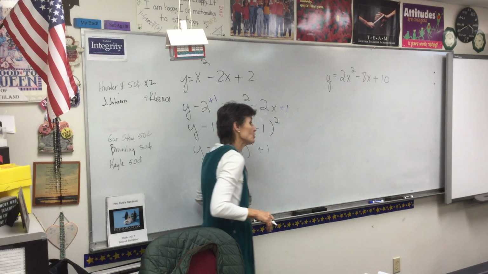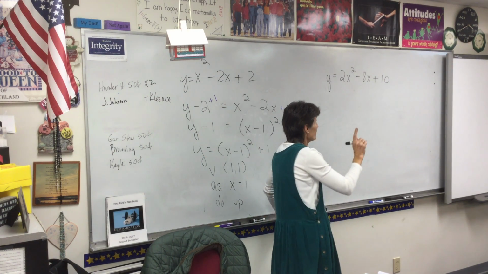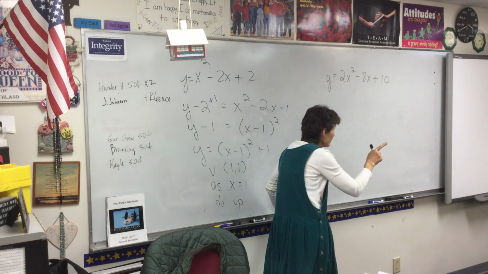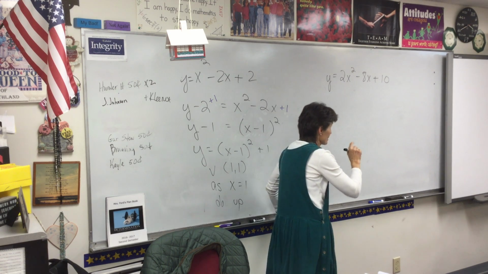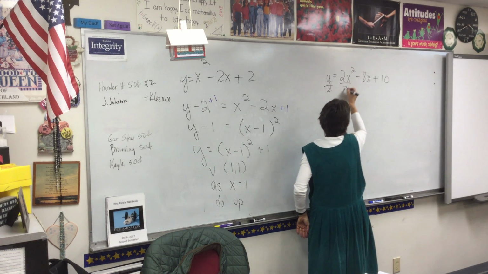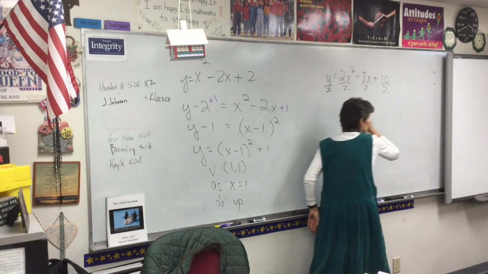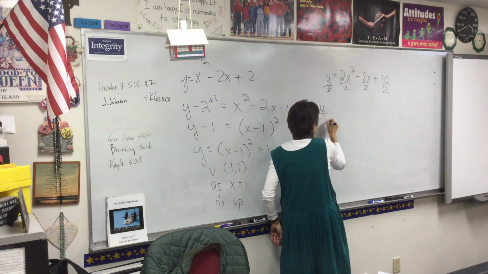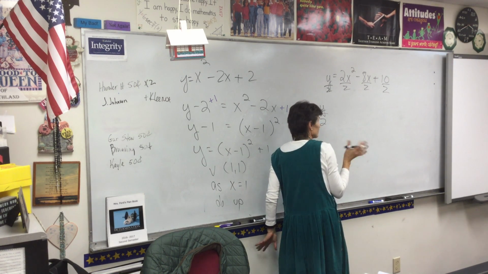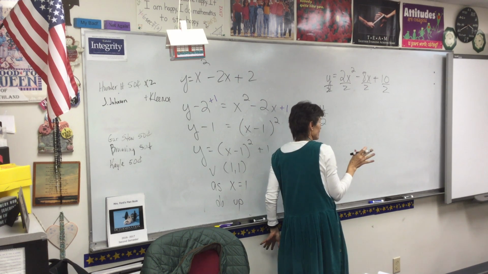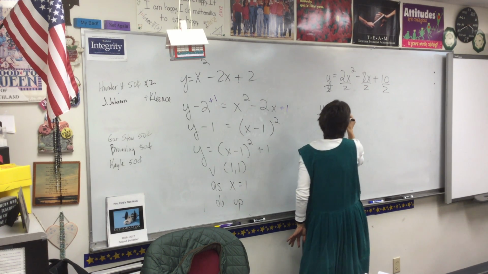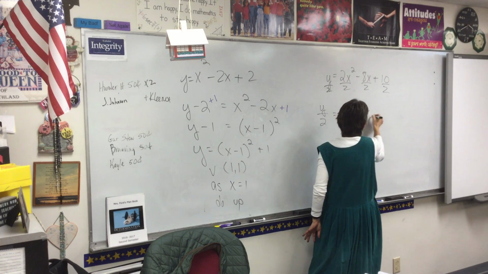Divide everything by 2. I love it, Sam. But when you say divide everything by 2, you mean everything. So this, this, this, and this. So we have y over 2, which is not a big deal. He's exactly right. It's fine. Equals x squared minus 4x plus 5.